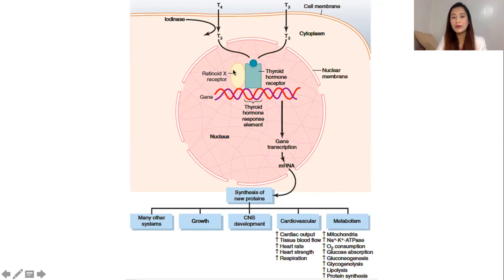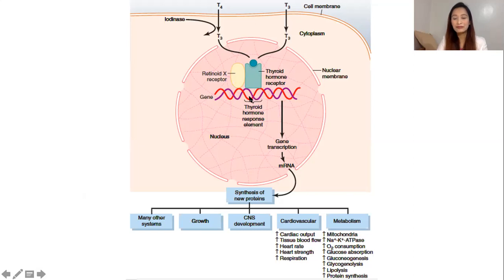What it does is it inhibits the gene transcription, but this inhibition is released once your thyroid hormone attaches to your thyroid hormone receptor, so that gene transcription can proceed.